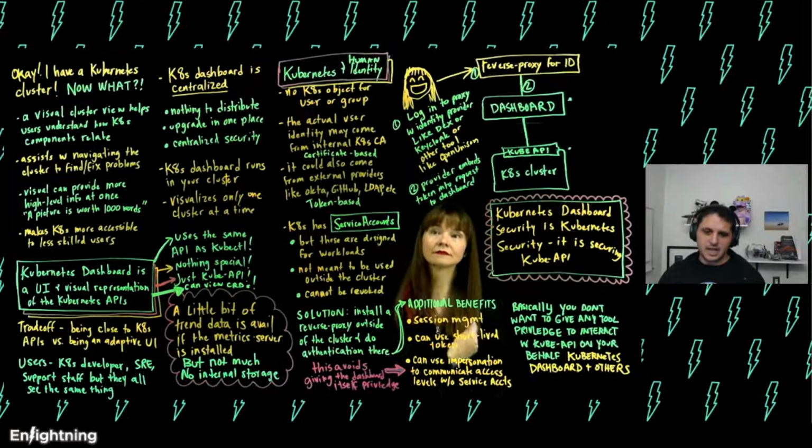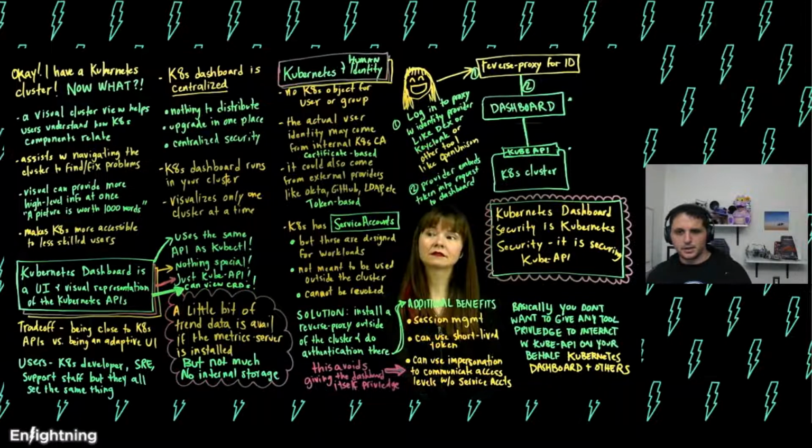It uses the same client Go SDK that kube control does. So while kube control is constantly refreshing your token, so does Headlamp. So you don't have that separation between your kube control configuration and the API the way that the dashboard does, because the dashboard runs centrally.